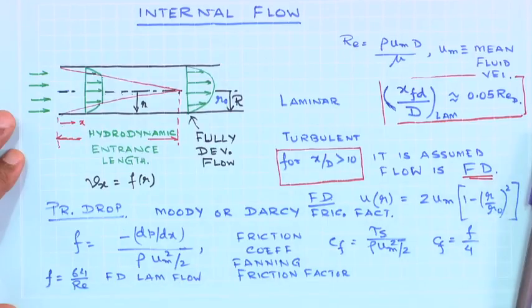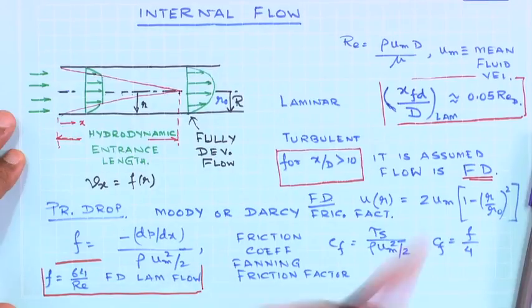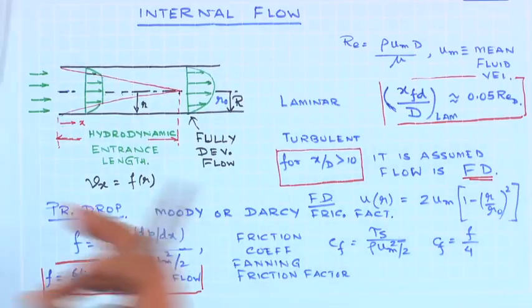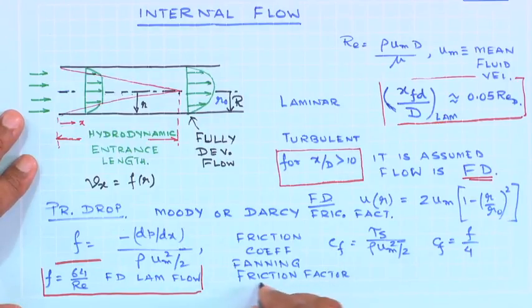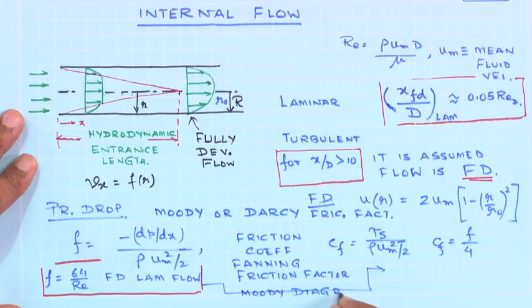This is the relation that you are familiar with for laminar flow, and for the case of turbulent flow, it is mostly obtained from the Moody diagram, with which I am sure you are familiar.